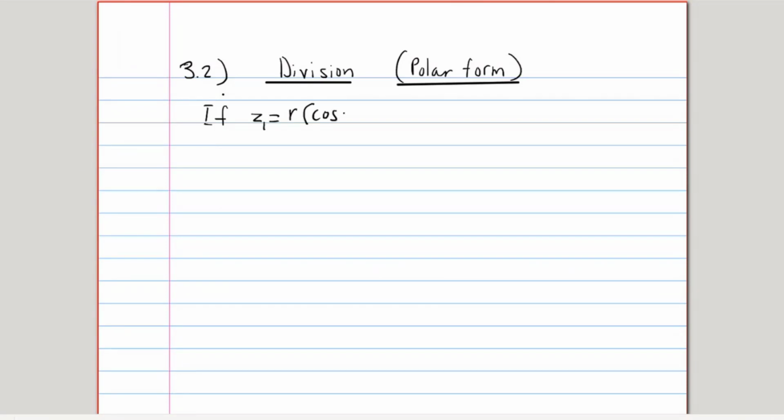So suppose Z1 is R1 (cos theta 1 plus J sine theta 1) and Z2 equates to R2 (cos theta 2 plus J sine theta 2), right?